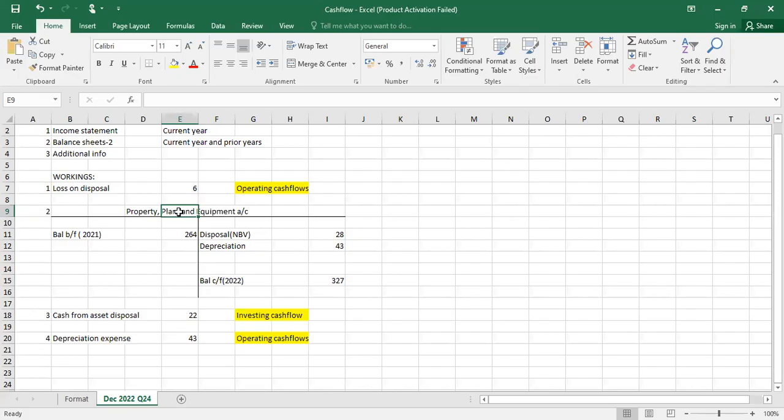Go to the balance sheet. And please look at under equity. There is something to do with the revaluation reserve. And between year start and year end, what has happened to the revaluation reserve?